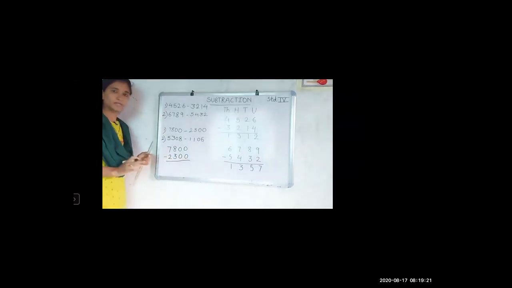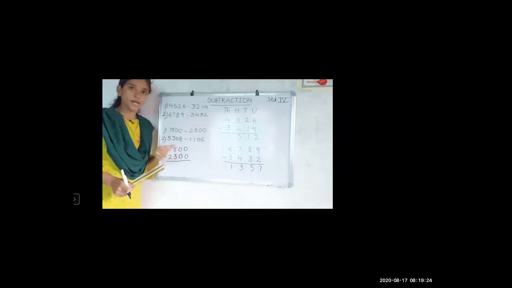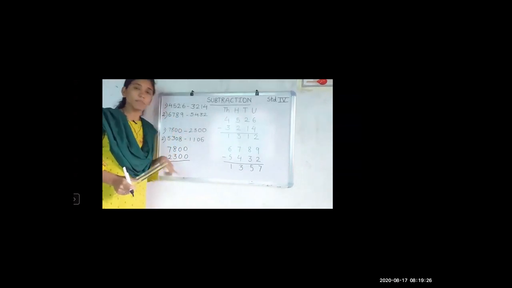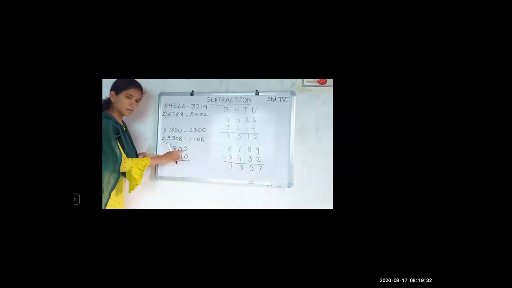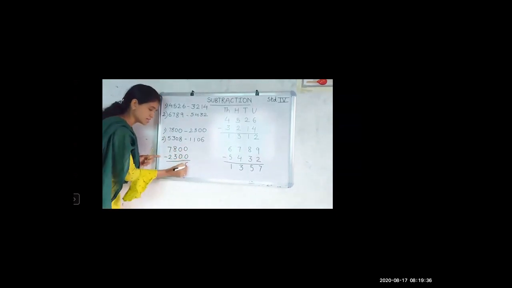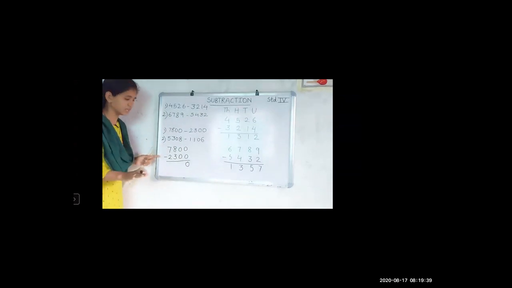First thing, you have to keep in mind that when you are subtracting one number from the number itself, then your answer is definitely going to be 0. So here one number is 0 and the other number is also 0. So your answer is going to be 0 only.